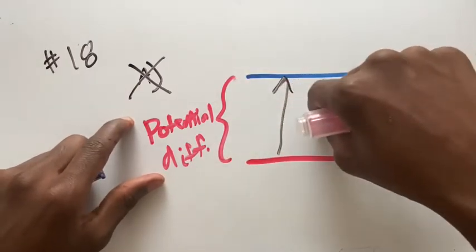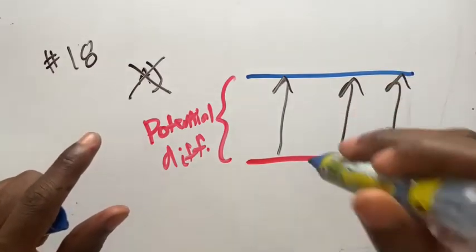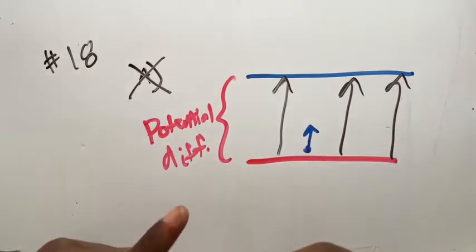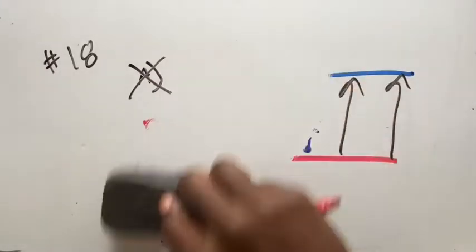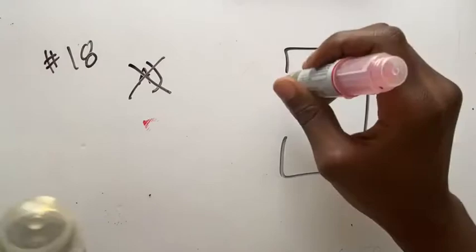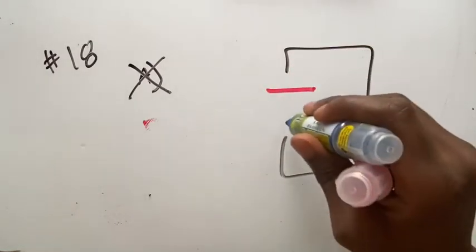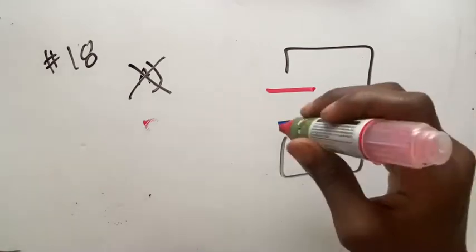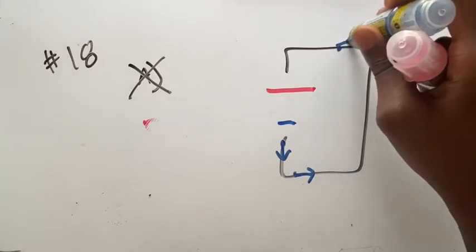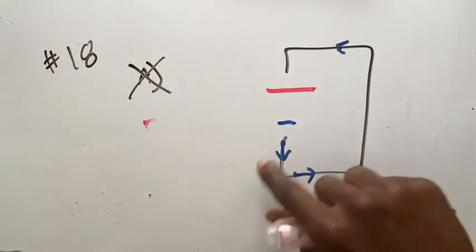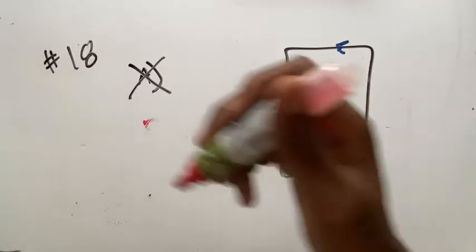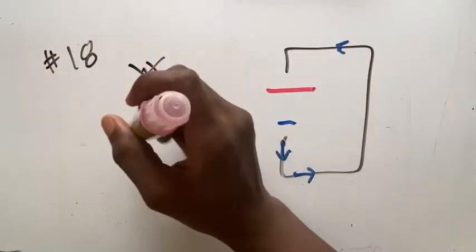And then basically inside of this electric field, electrons can move, right? So like if I were to put an electron down here, it would want to move upwards. And that's basically what happens inside of a wire. There's some potential difference here, and it's causing the electrons to go around because it's an electric field inside of this wire caused by this potential difference. So all that to say, the answer to 18 is going to be B.